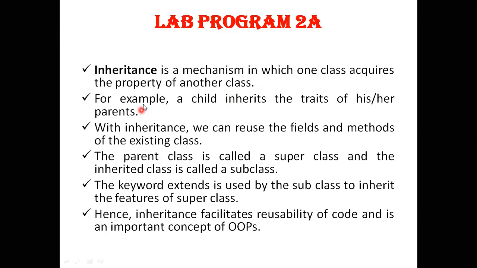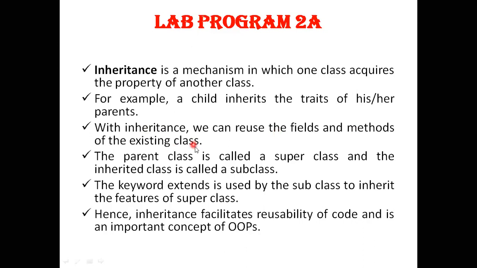So it can use the property of another class. As an example, in real life, a child basically inherits the properties or the rights of his or her parents, right? A daughter may inherit the property of her father, a son may inherit the property of his mother. The same way here, a class will use or acquire the property of another existing class. So with inheritance, we can reuse the fields and methods of the existing class.